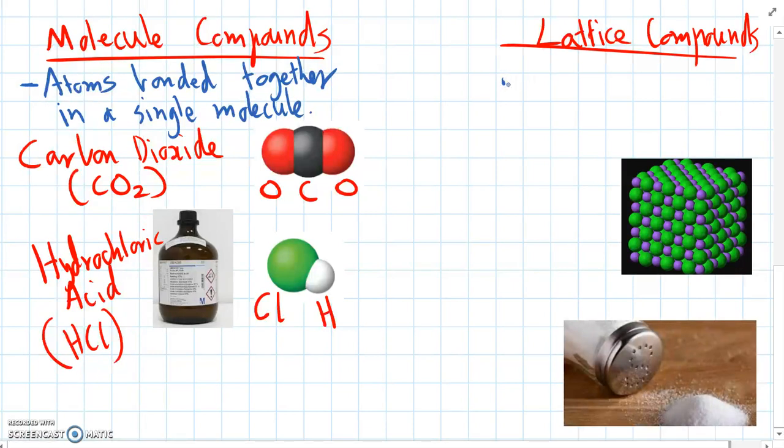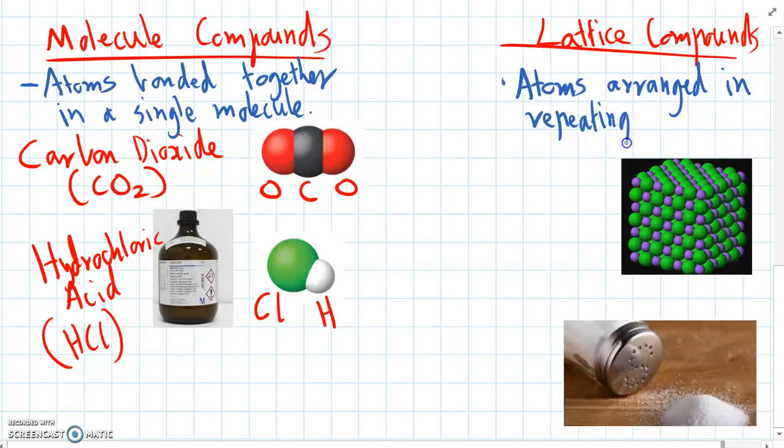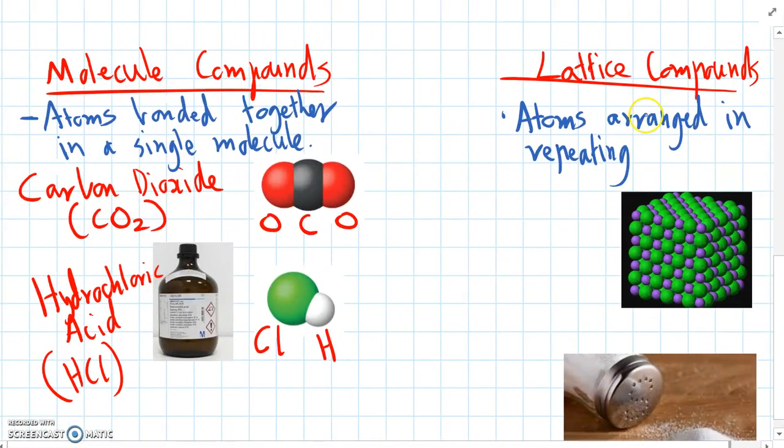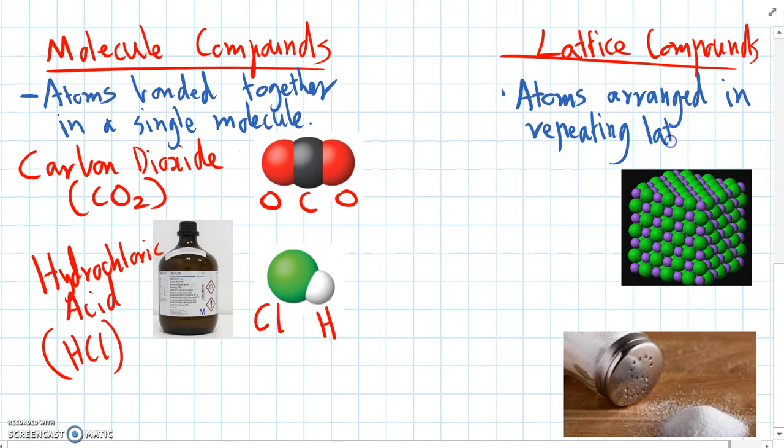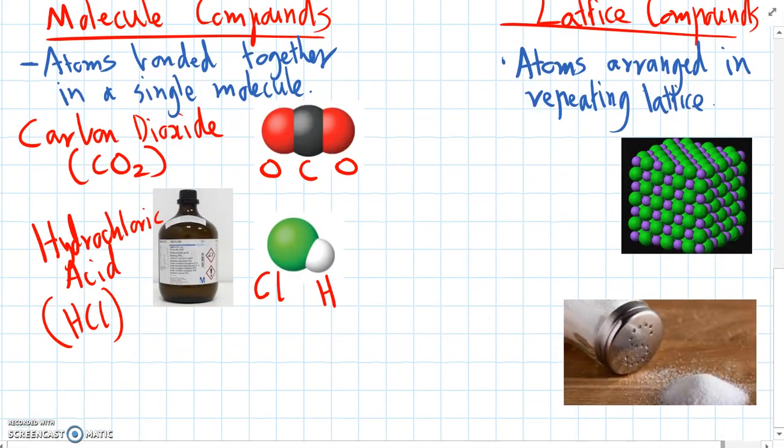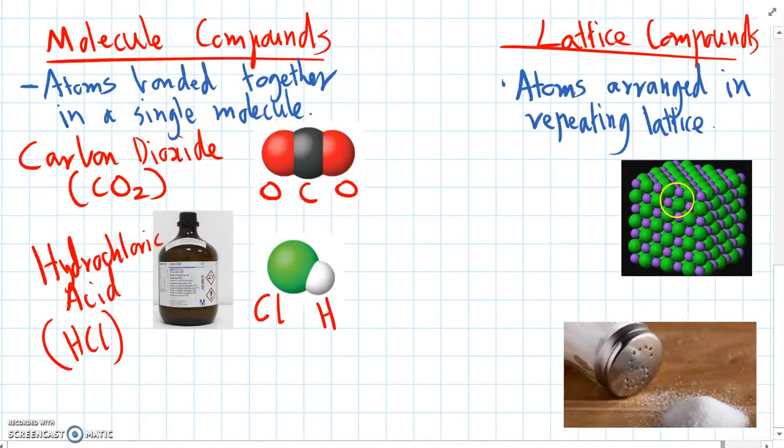So we remember what a lattice structure looks like. Atoms are arranged in a repeating lattice. And we can see now that we're a compound, there's two different elements that make up the lattice.